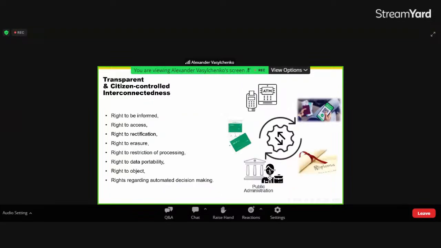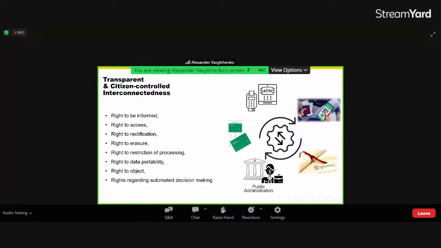Not to mention our basic GDPR rights: the right to be informed, the right to access, to rectify or erase the data, rights to restrict the processing or data portability, our fundamental right to object, and also now emerging rights regarding automated decision making. It has to be all very transparent.